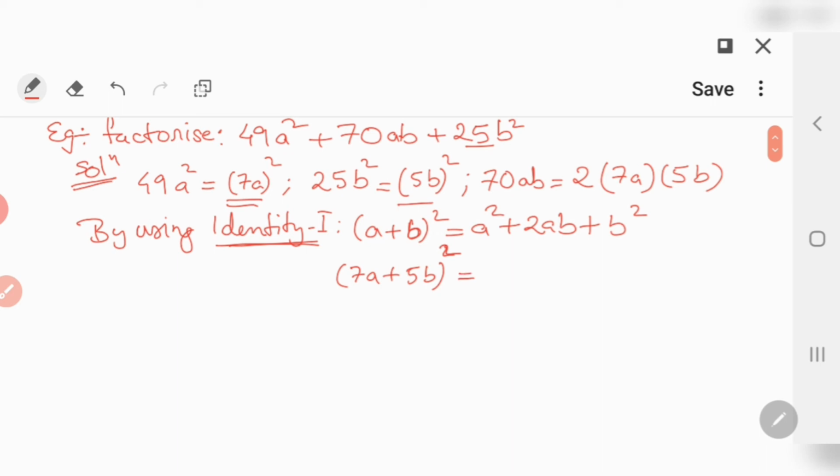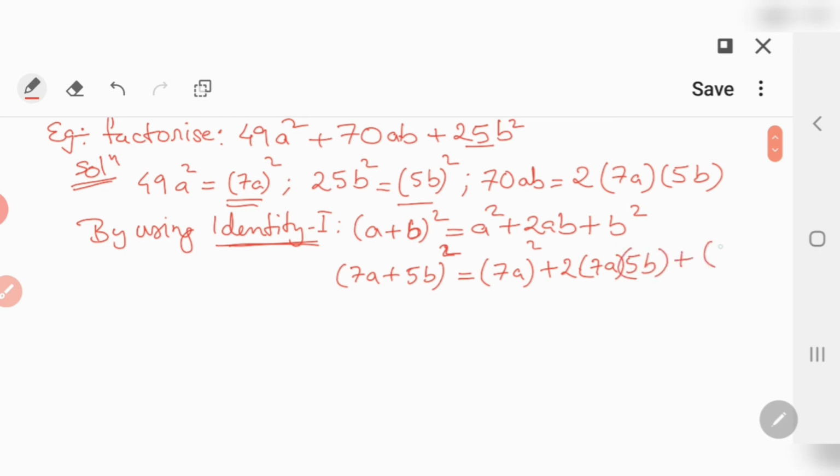Then a square plus twice ab plus b square, that is the value of (a plus b) whole square. Is it okay? So we have just taken the value of a as 7a, b as 5b, and square is the whole square. Correct? So in the place of a square we can write here (7a) whole square plus 2 into 7a into 5b plus b square.